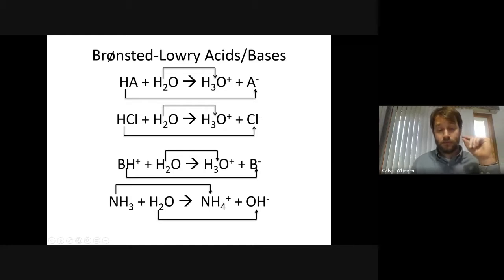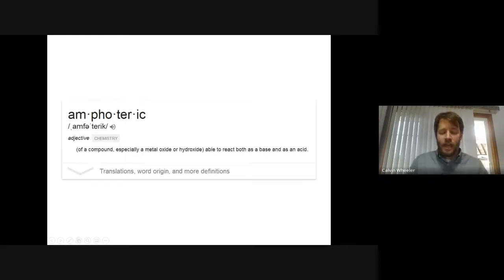Water is special. Water is what we call amphoteric. The prefix amph means it has dual qualities. Think about amphibians. Amphibians can be aquatic organisms, and they can also be terrestrial organisms. Well, they're actually terrestrial organisms that live part of their life, in the early stages of their life, in aquatic ecosystems. So they're amphibians.